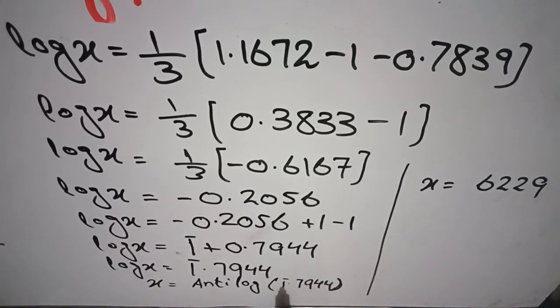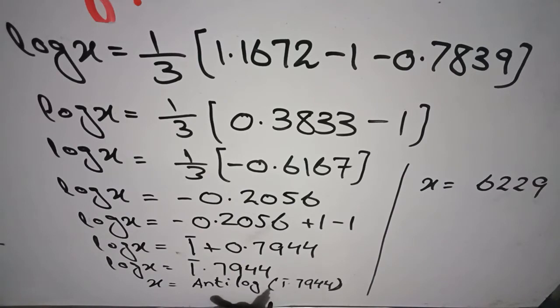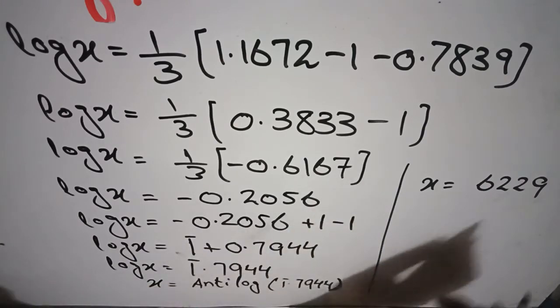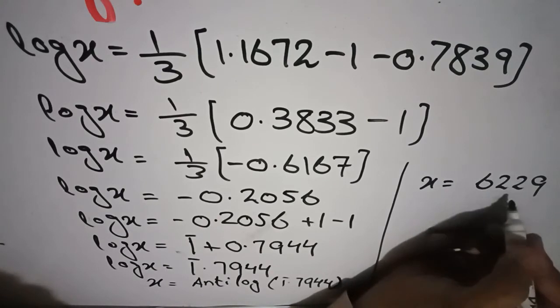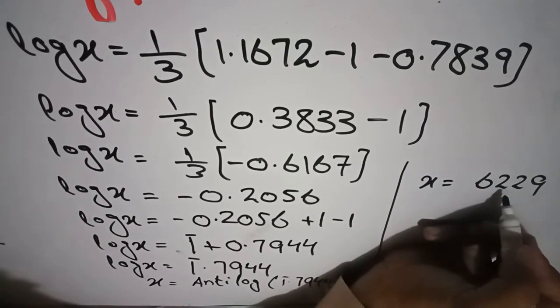Now you have to see that there is a 1 bar, which means you have to mention the position of the point. It is a negative number, so the point will be moved from right to left, because if the value were positive, the point would move from left to right. It is opposite because due to this negative number, it will become a very small value.